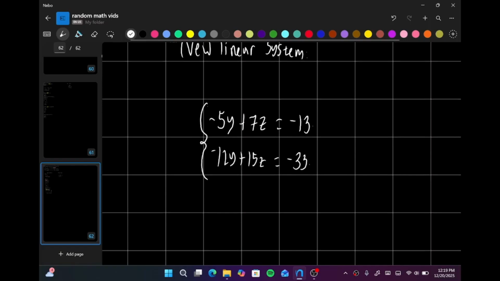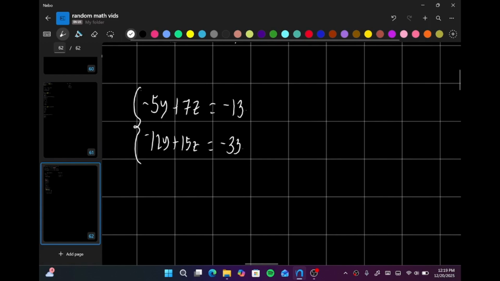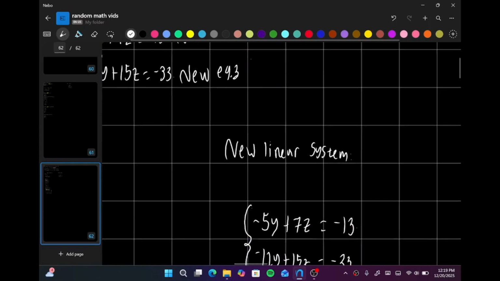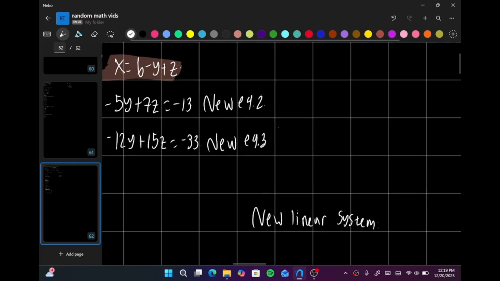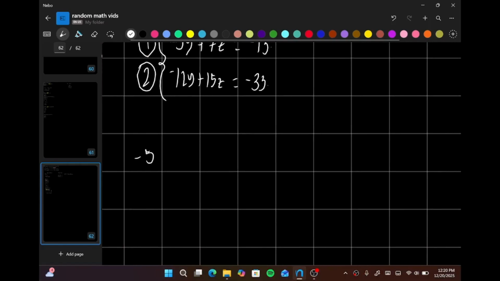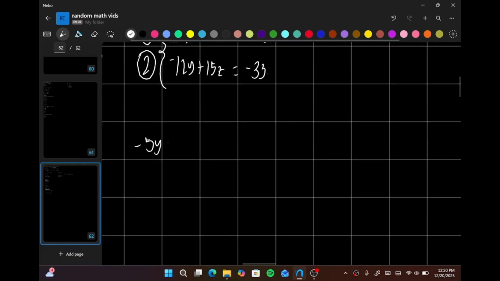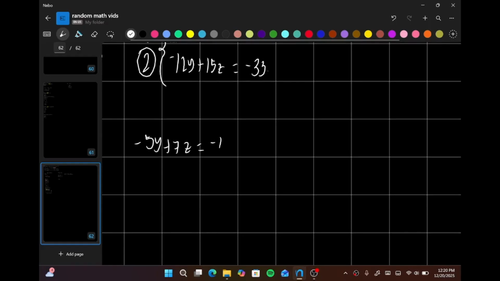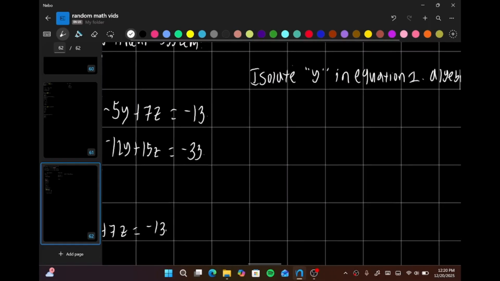Now, this is where it gets tricky, guys. We're going to isolate either y or z algebraically. We grab the first equation, negative 5y plus 7z equals negative 13, and solve for y.